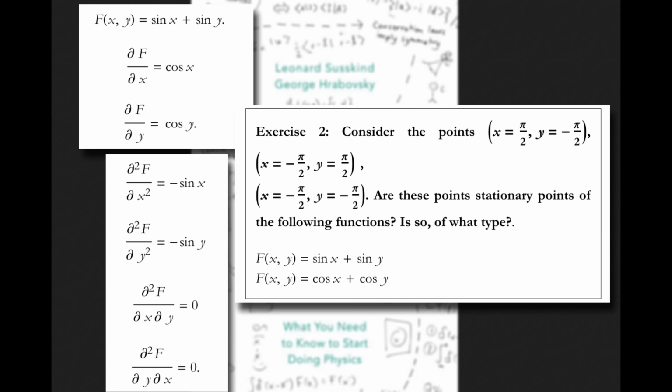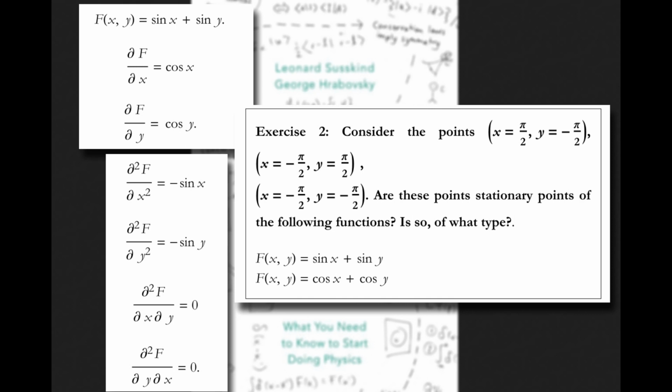Now, to find the type of stationary point, compute the second derivatives. The second derivative of f with respect to x is minus sin x, with respect to y is minus sin y. The second derivative with respect to x and y is 0, and with y and x is 0. Since sin pi by 2 is 1, we see that both the determinant and the trace of the Hessian are positive. The point is therefore a minimum.